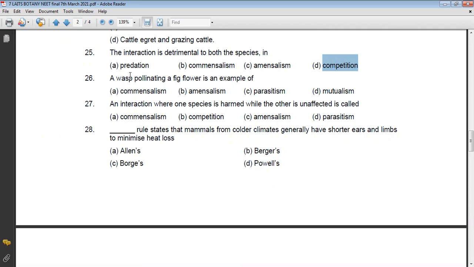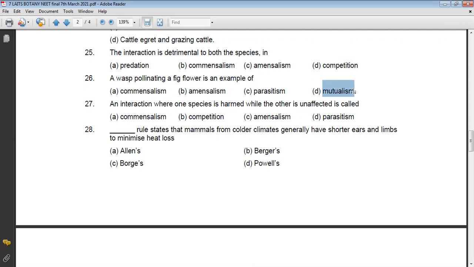Next, wasps pollinating a fig flower is an example of, see, wasps and fig have a relationship. Wasps help in pollination. In return, the fig provides them shelter and food. So in this case, both are getting benefited.